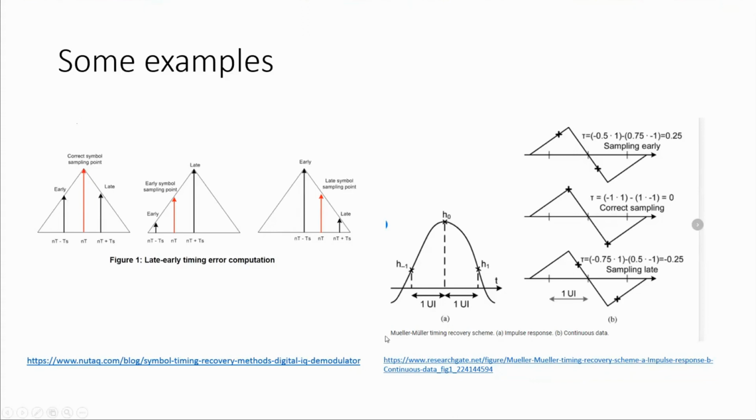The Mueller one is very similar. It's just a different way of computing this using a matched filter. But it's the same idea, though. Instead of having these closely aligned samples, they're farther apart.